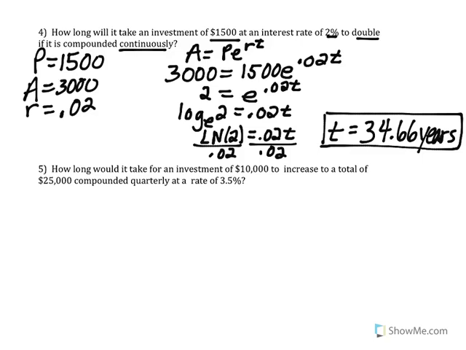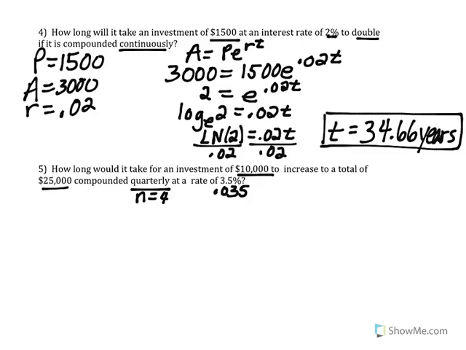And here we can use logarithms or ln, but we're going to use logarithms. So how long would it take for an investment of $10,000 to increase to a total of $25,000? We're going to go right into the formula here. So this is our P, this is our A. Compounded quarterly, so we're going to use an n equals 4, and we're going to use 0.035 because that is our interest rate.